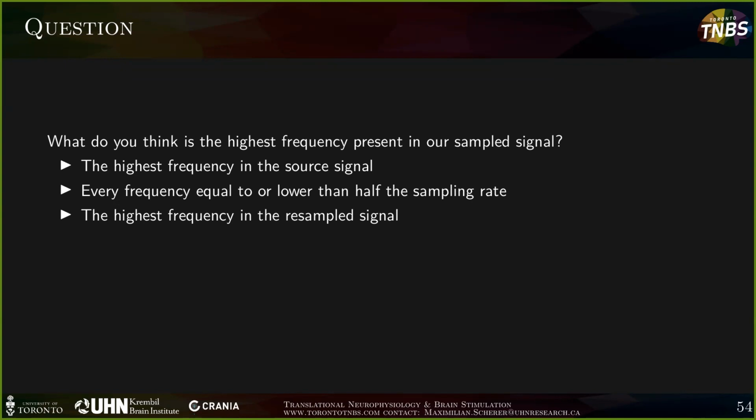The highest frequency in the resampled signal, it's kind of oddly worded on my end, but there doesn't need to be a power spike there either. What we basically have in our sampled signal is every frequency equal to or lower than half the sampling rate.